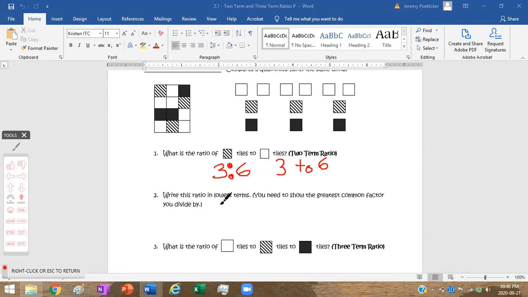So writing in lowest terms, we can divide both the 3 and the 6 by 3. Show that in a couple different ways, but generally what you're going to see here is the best way to do that. We can divide both the 3 and the 6 by 3.